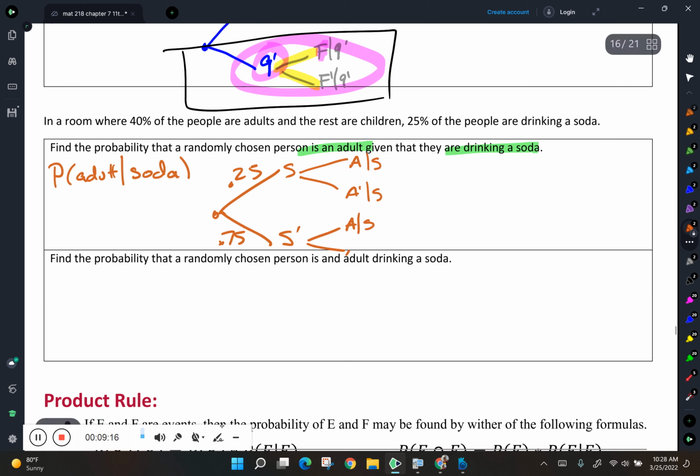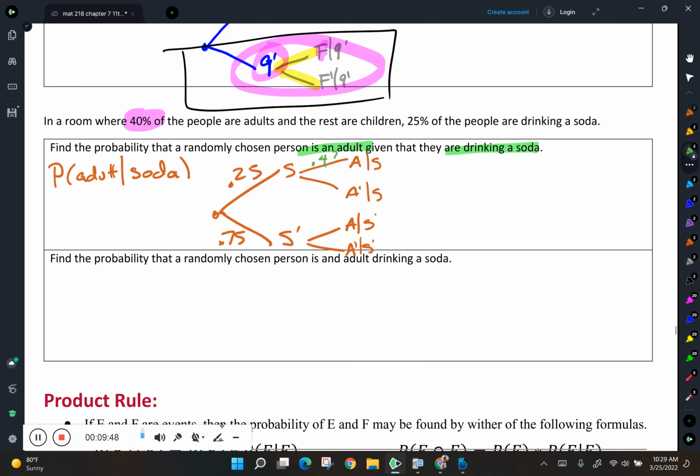That's going to be not an adult given not soda. 40% of the people are adults, so 0.4? Would that make sense? I don't know. Is there a 40% given they're drinking soda?